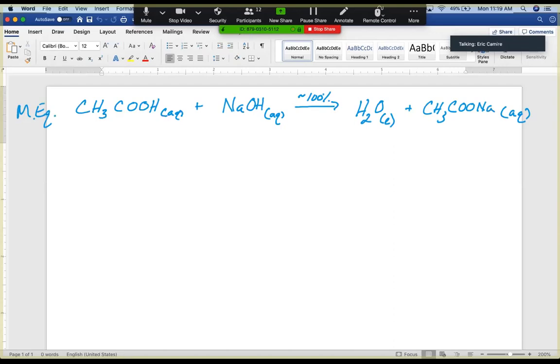This one is going to make more sense if we slowly go through and then do our ionic equation and then look at the net ionic. So what I'm going to do for the ionic, and I have to, because I'm going to make an assumption and I have to tell you what it is. Usually I'd have you walk me through it, right? I'm going to slowly go through this one because this is a new type of example.